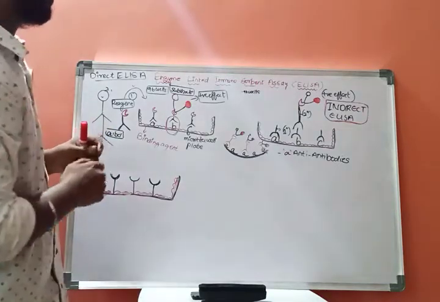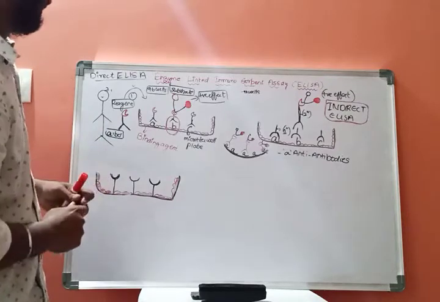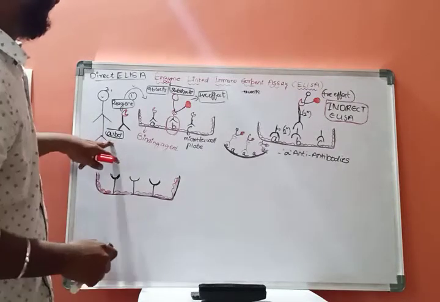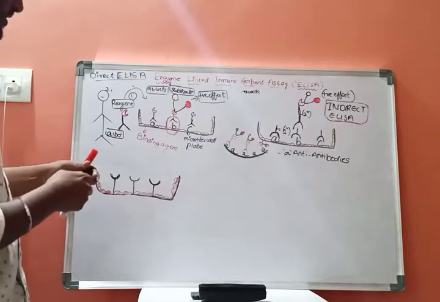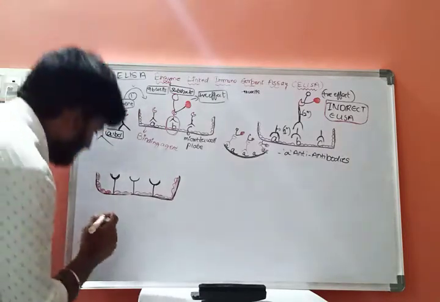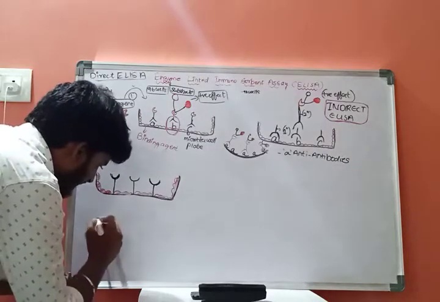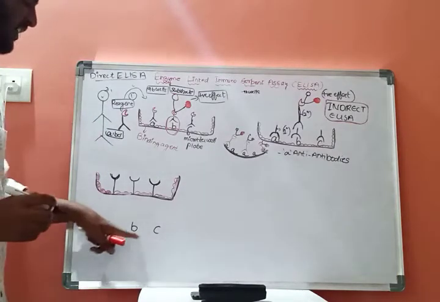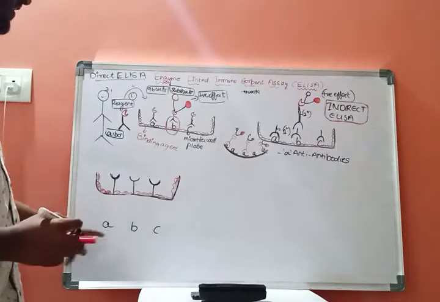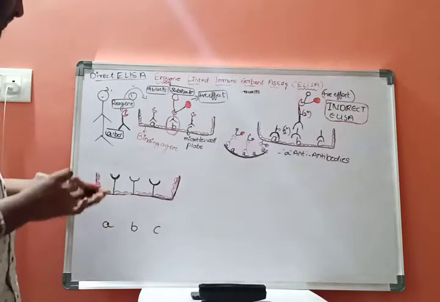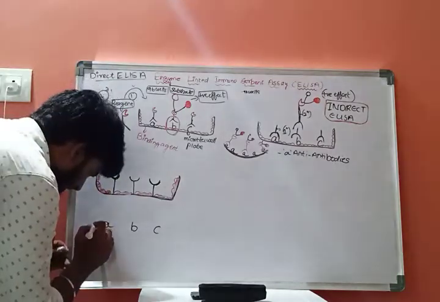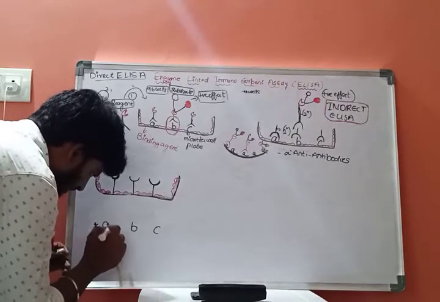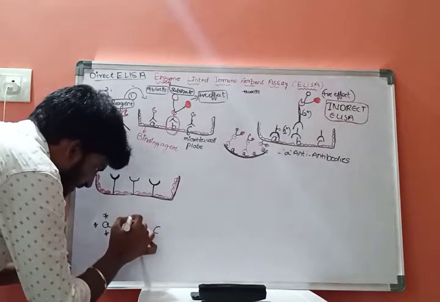Let us consider antigen A, antigen B and antigen C. These are three different kinds of antigens which contain multiple epitopes. Let us consider it is an epitope, it is an epitope, and the same.